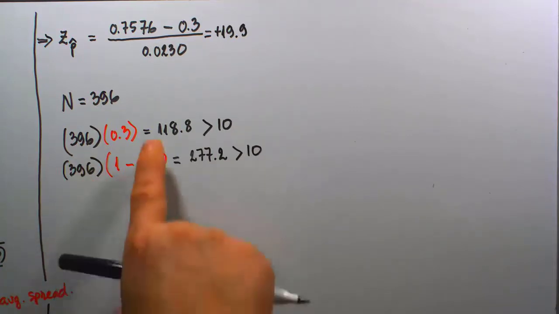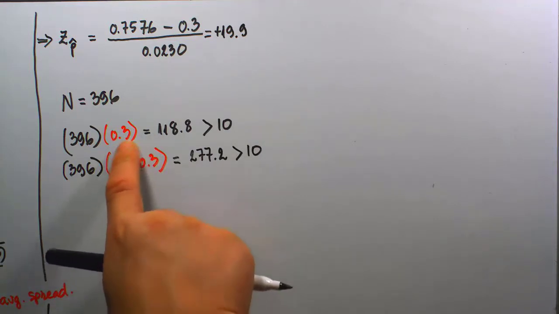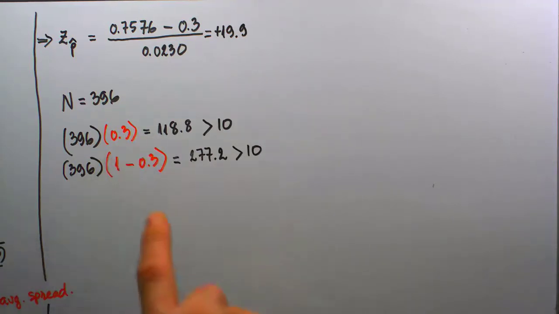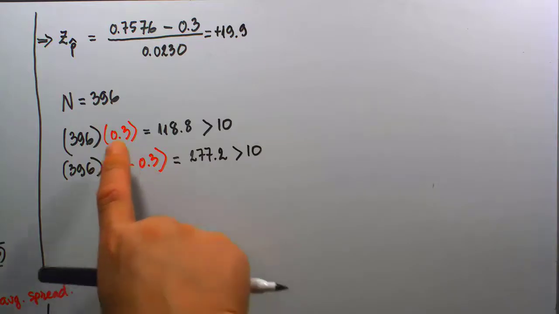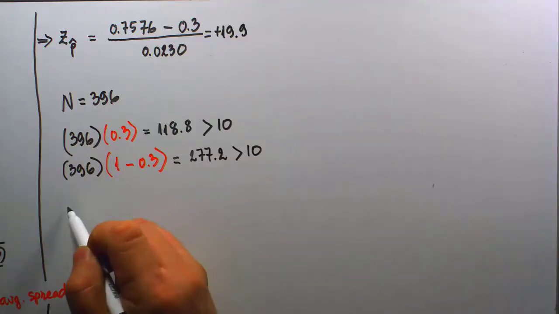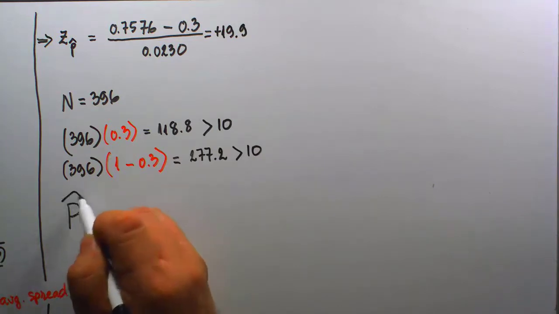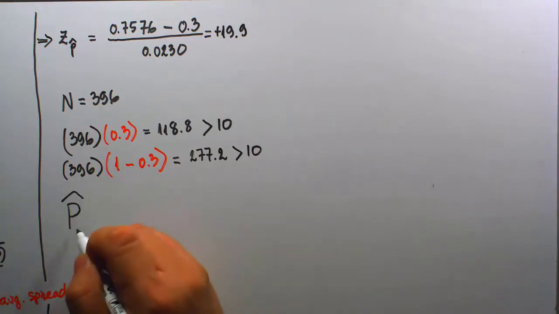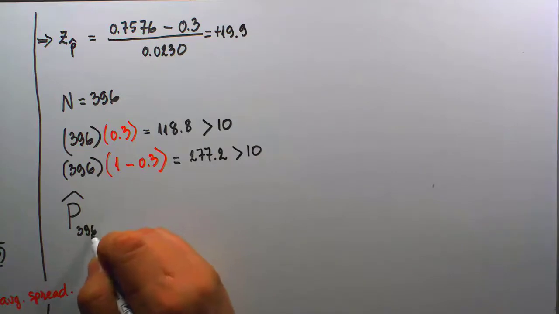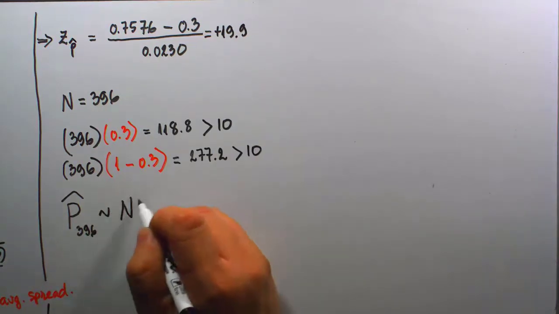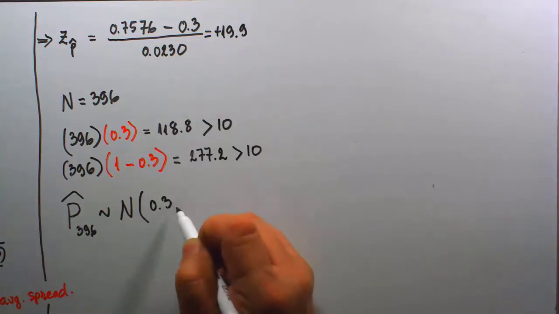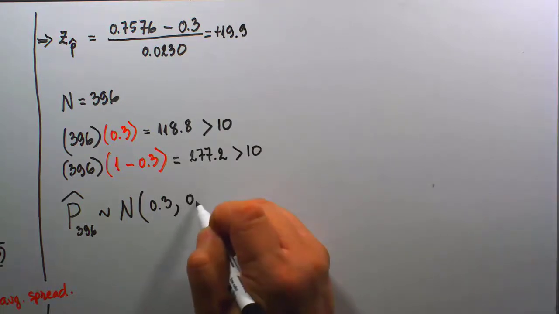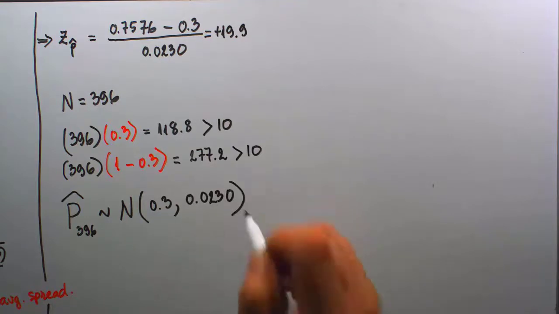Combined with the fact that we're accepting 0.3 to be our population proportion value of all iPhone users, we are going to pass that requirement, and now we're proving that all sample proportion values of size 396 can be placed on a normal distribution, or a bell curve, which takes center at 0.3 and standard deviation 0.0230 as we have calculated previously.